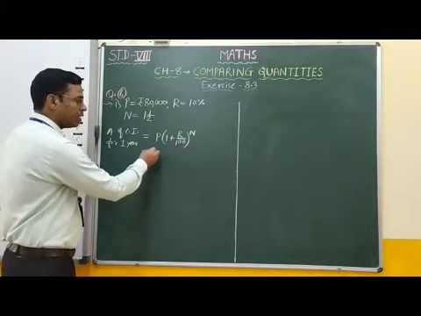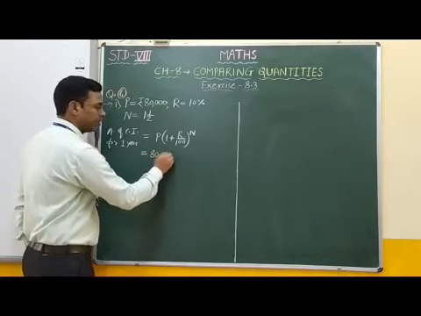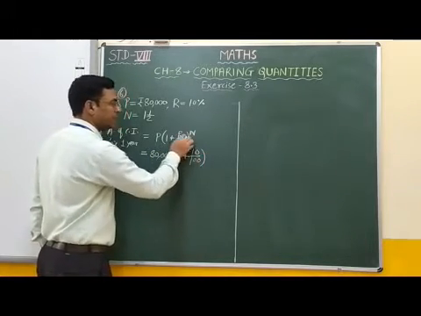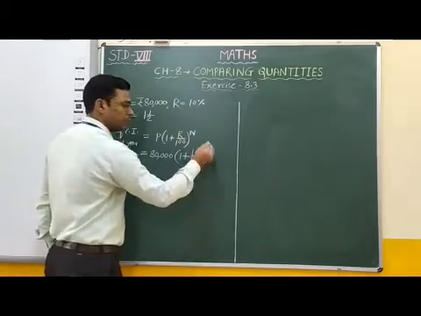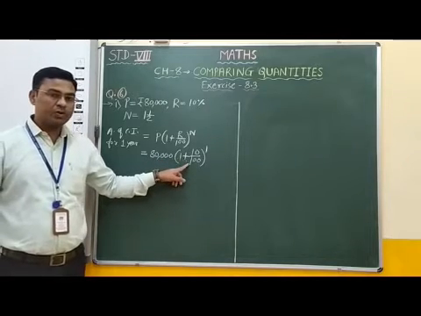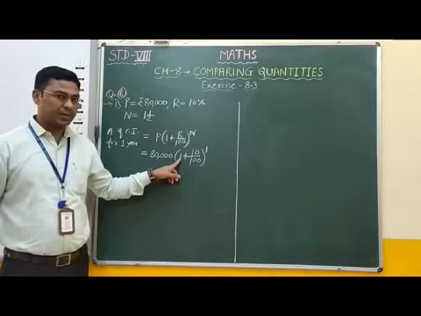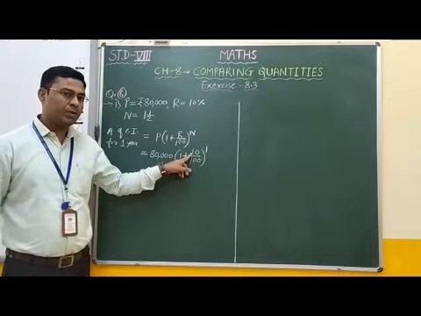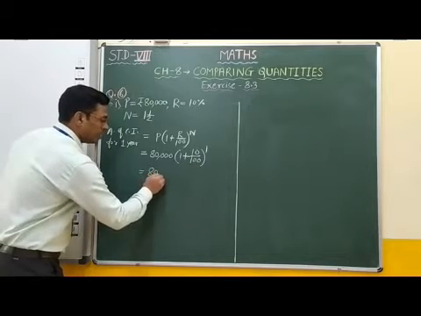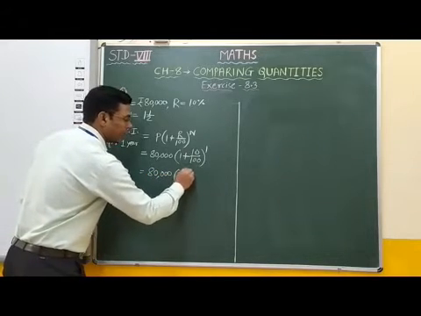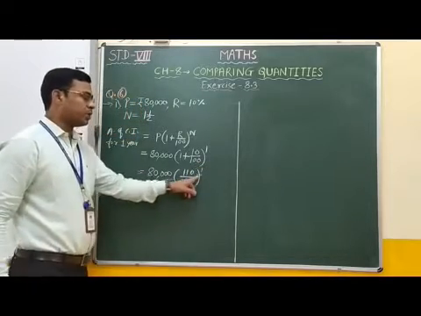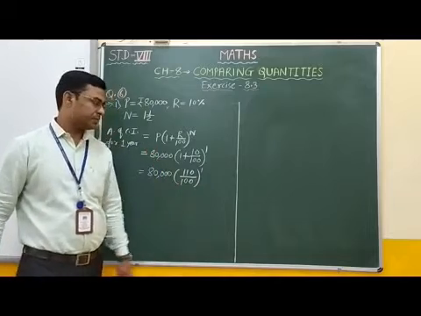Therefore, now the principal is 80,000 into bracket 1 plus 10 upon 100 raised to 1. Now, first of all, we have to solve this bracket. 100 into 1, 100 plus 10, 110. And here 80,000 into 110 divided by 100 raised to 1. Raised to 1 means the bracket only one time.